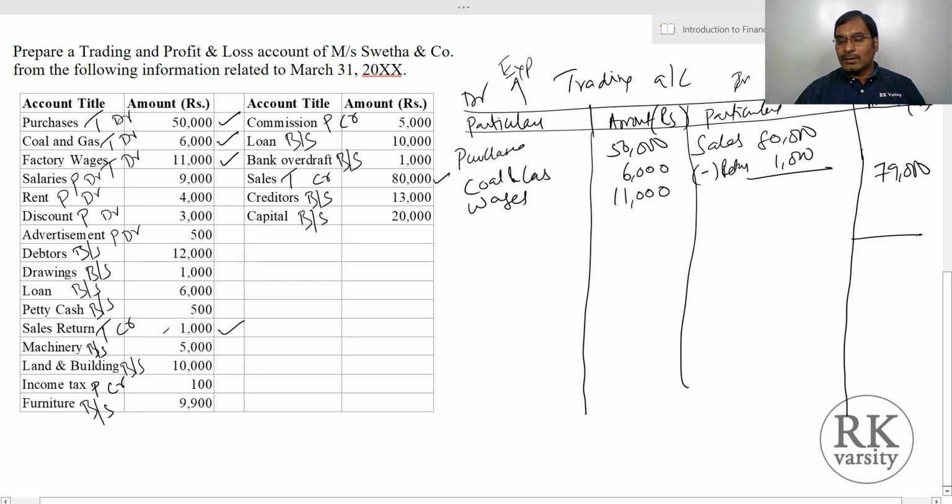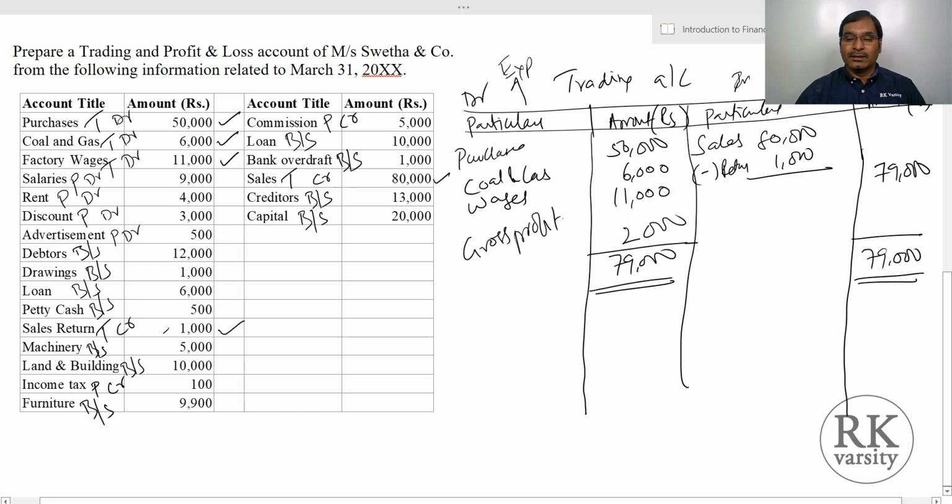So we have the highest value here, 79,000. We close this and bring the value here, 79,000, and we calculate the gross profit. So 6,000 plus 11,000 plus 50,000 is 67,000; 79,000 minus 67,000, so gross profit is 12,000.